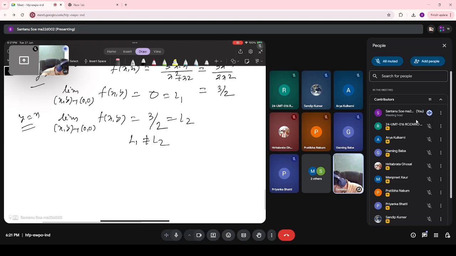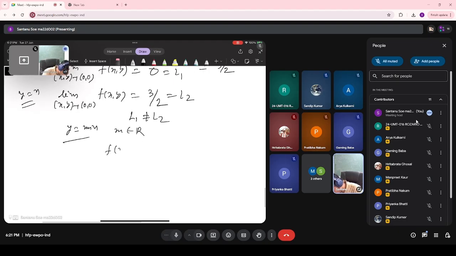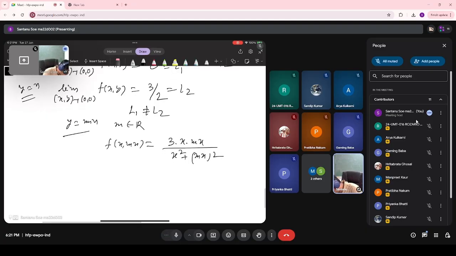Now in general, you can take y equals m of x, where m is a non-zero real number, doesn't matter. Then you can substitute this value, f of (x, m x). So this will be nothing but 3 into x into m x divided by x square plus (m x) whole square. Notice one thing here: (x, y) should tend to (0, 0), whatever path you take along your limit.